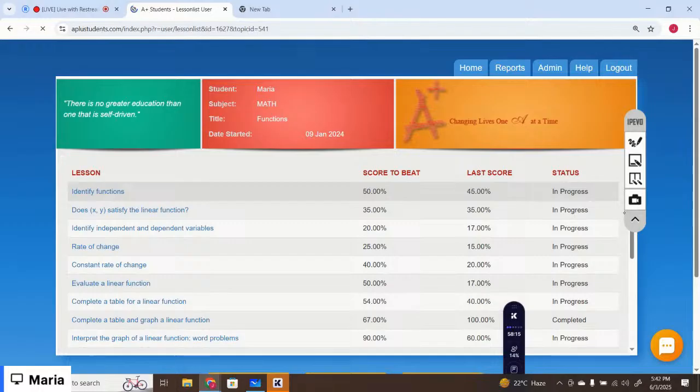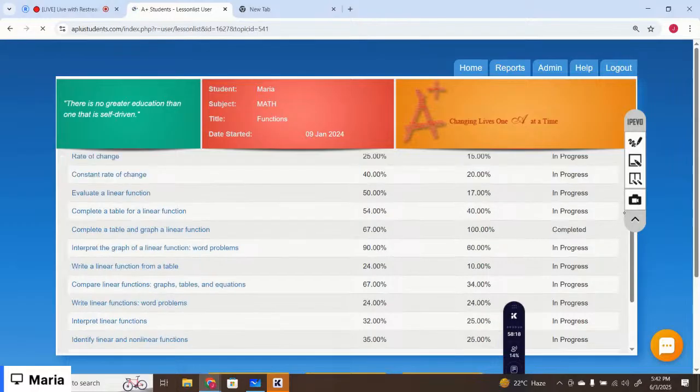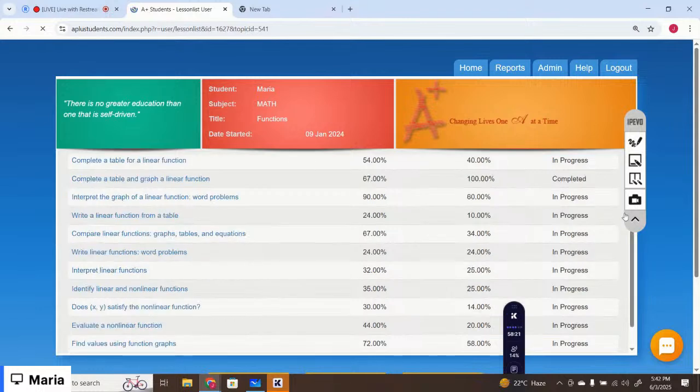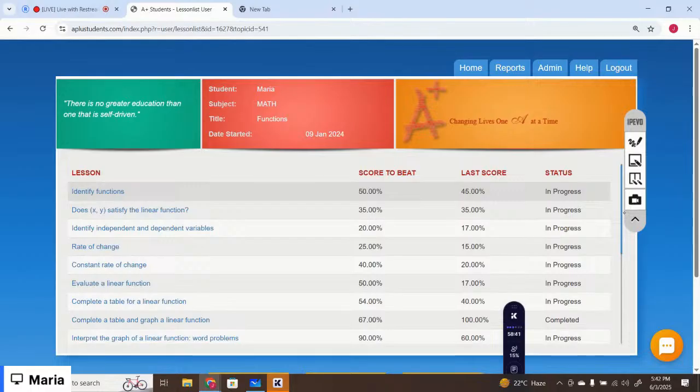The lessons we have covered today are interpret linear functions, identify linear and nonlinear functions, does x, y satisfy the nonlinear function, and evaluate a nonlinear function. So please make sure before the next session you complete all the practice questions for the lessons we just did. That is your homework until the next session.